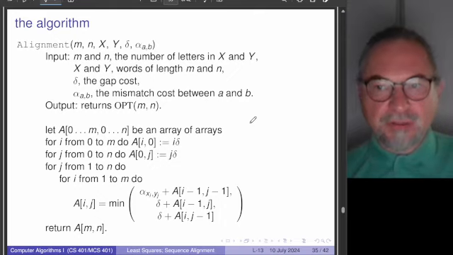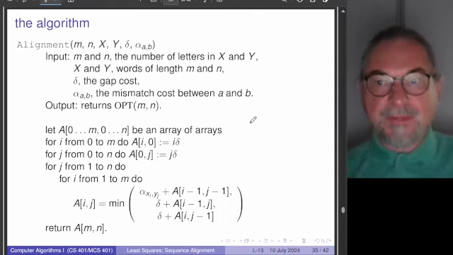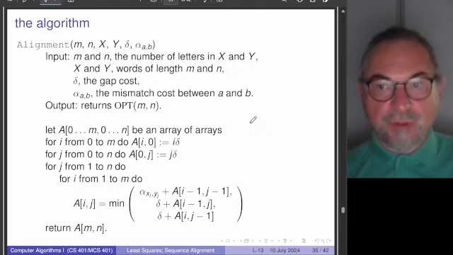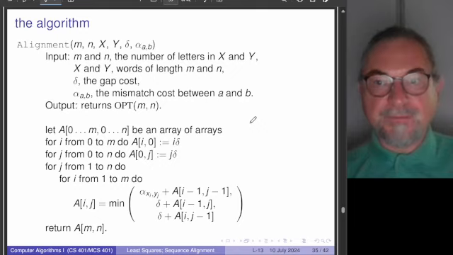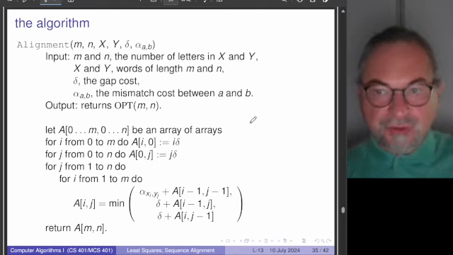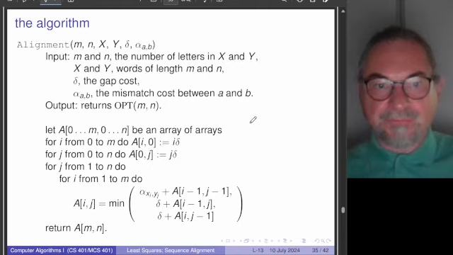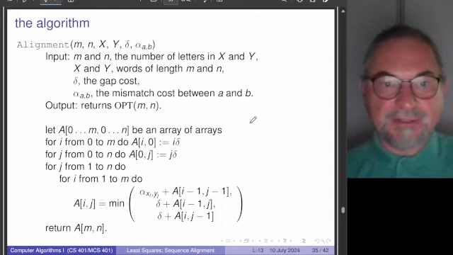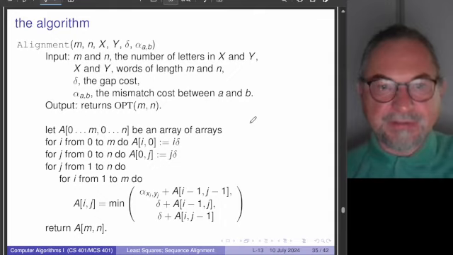So we have to take into account the trivial base cases, if you like. If we would have words where none of the characters are the same and where the mismatch cost is much higher than the gaps, then we just don't do any alignments. We just shift the words far away from each other. And then we have essentially the costs of these gaps to consider.